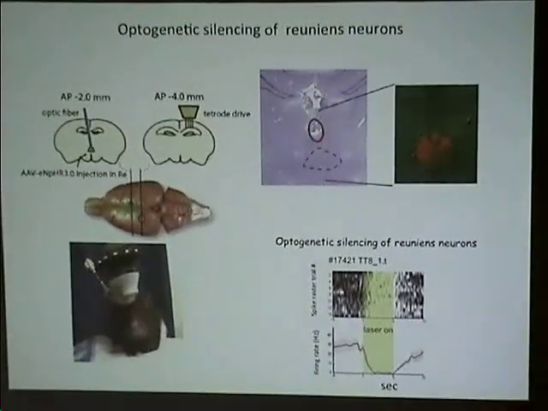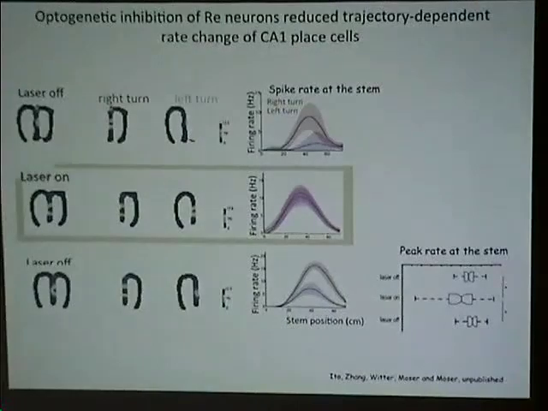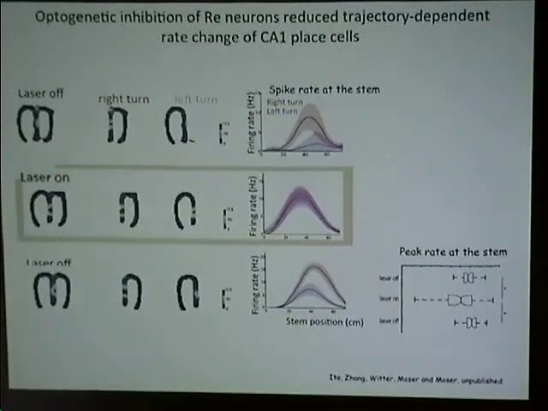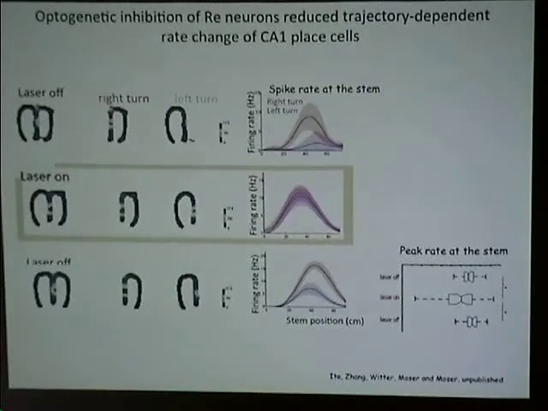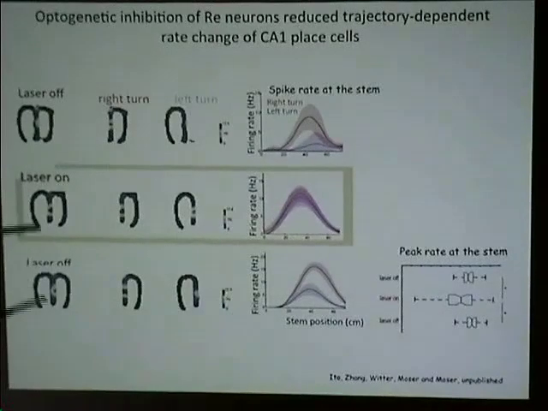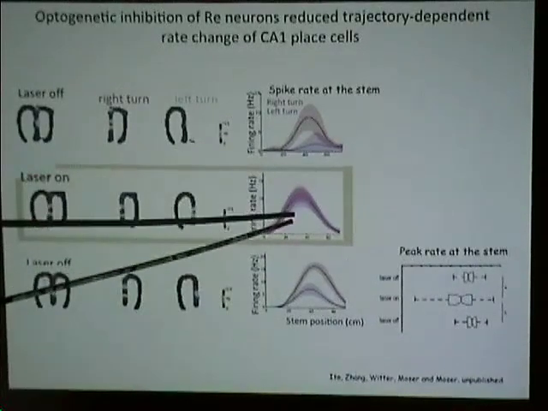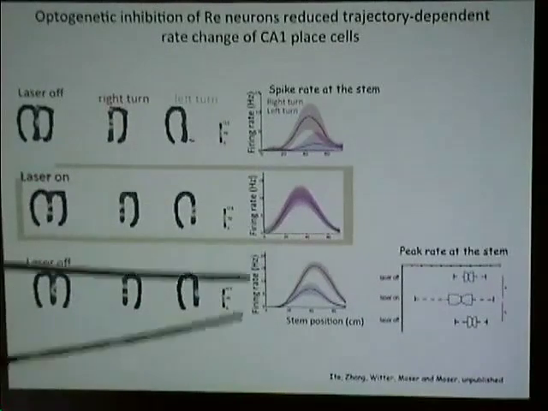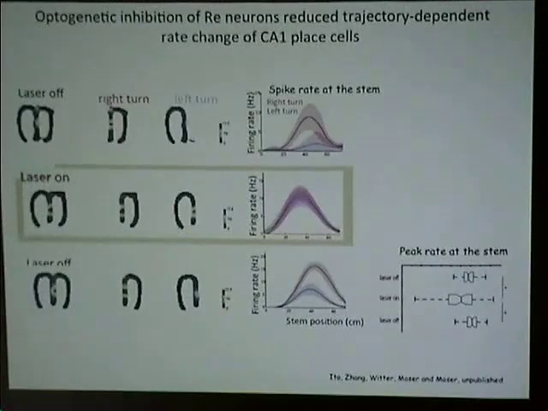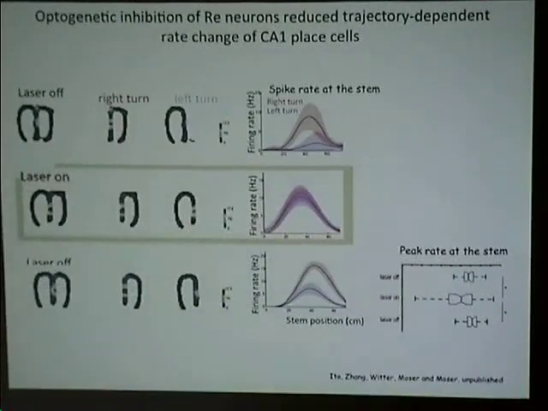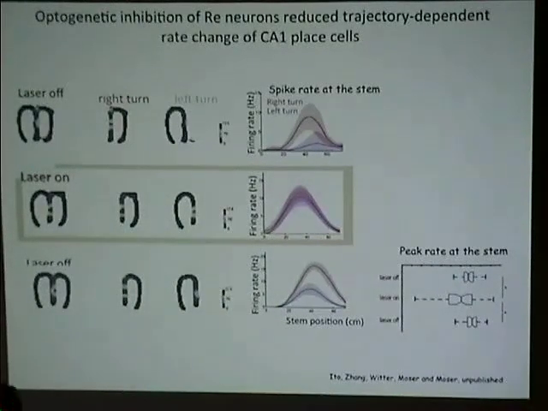If you apply light, it's now not channelrhodopsin but Arch, which has an inhibitory effect. And you can see that, like the lesion, inhibiting reunions input also abolishes, or at least reduces, the difference in CA1.